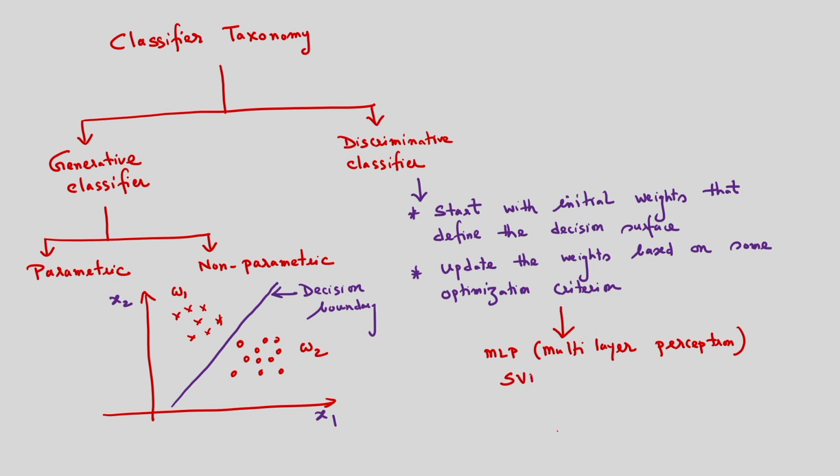Another example is the support vector machine. So these are some examples of the discriminative classifiers. The concept is to start with initial weights that define the decision boundaries between the classes. After this I have to update the weights based on some optimization criterion, applying some iterative algorithms. So finally I will be getting the best decision boundary between the classes.